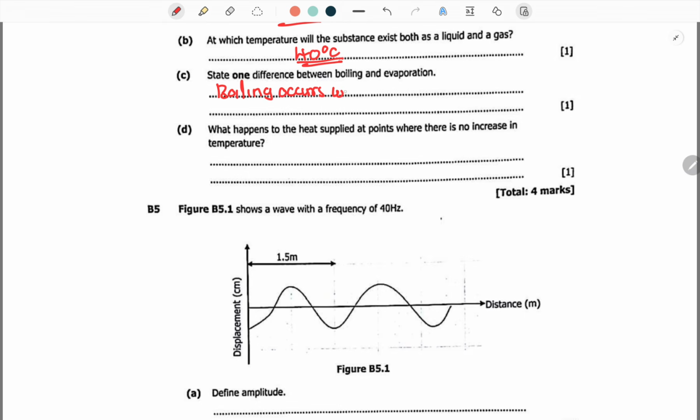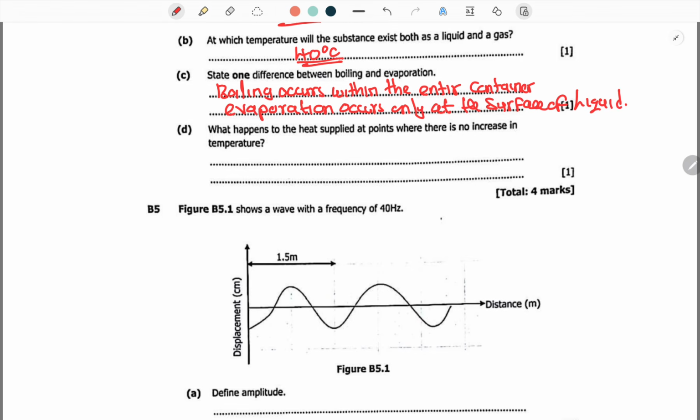Evaporation only affects surfaces. Evaporation occurs only at the surface of a liquid.